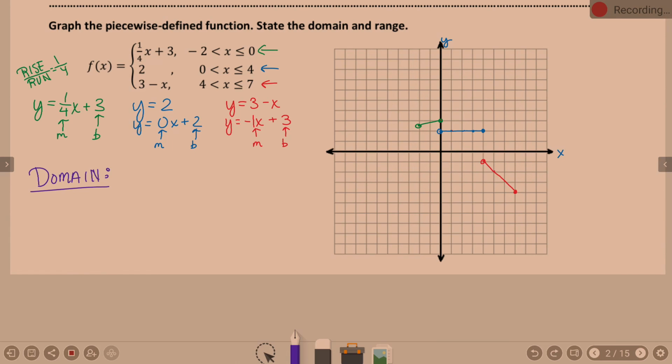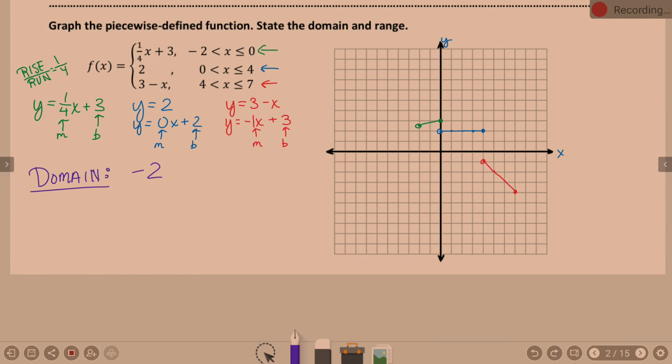Okay. Domain. Are you thinking about it? Domain is X's or Y's? X's. Okay, so how far left? What's that first left X value? -2. Yes? Right here. My green line goes farthest left, and that is 2 left of the center. So that is a -2. What are we going to put next to that -2?